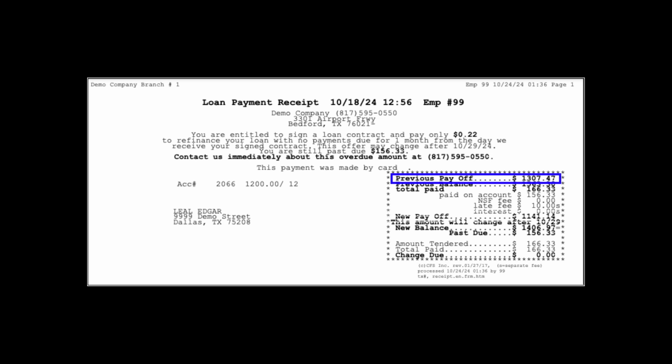Amount owed if the loan was paid off early, $1,307.47. Previous balance. Any fees or interest due if the loan is carried to maturity and the payoff amount. Total paid. Total amount the customer paid, including fees and interest, paid on account. Total of payment towards account balance.